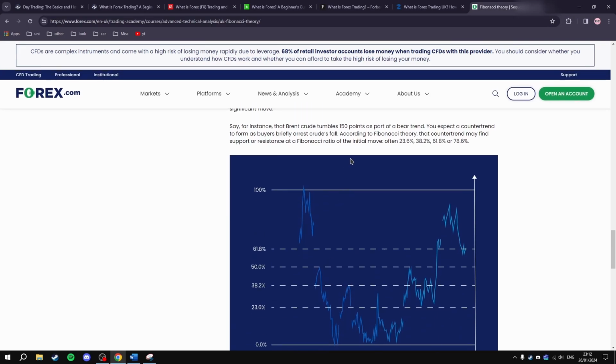Say for instance that Brent crude tumbles 150 points as part of a bear trend. You expect a counter trend to form as buyers briefly arrest crude's fall. According to the Fibonacci theory, that counter trend may find support or resistance at a Fibonacci ratio of the initial move, often 23.6%, 38.2%, 61.8% or 78.6%.